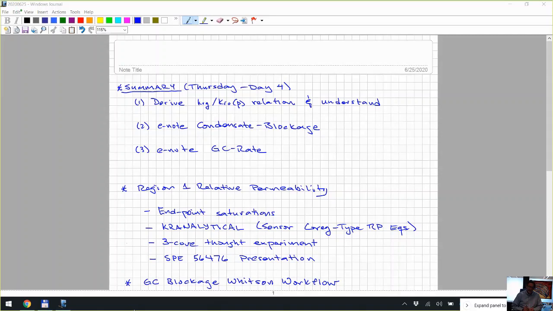Then in this e-note called GC rate, we're actually going to look in more detail at the calculation procedures for doing the entire A to Z calculation of the pseudo pressure at a given point in time within a model.